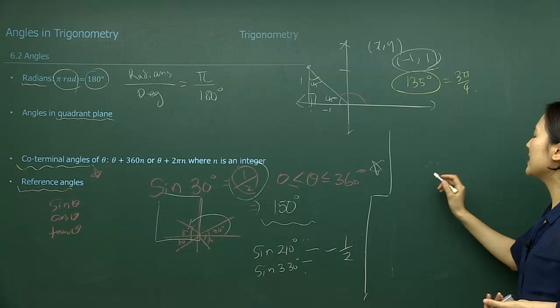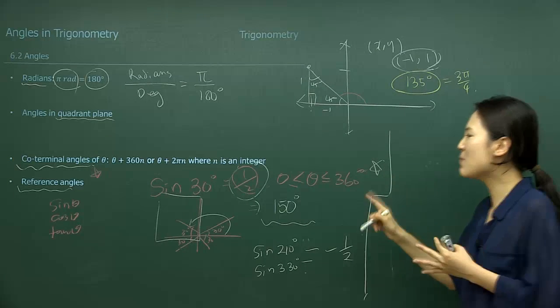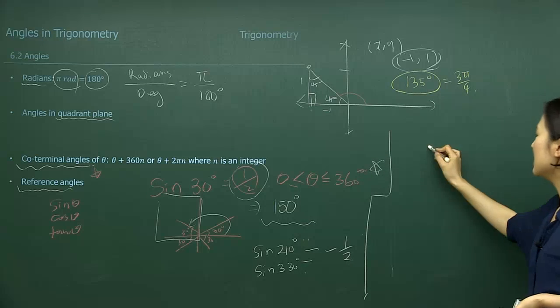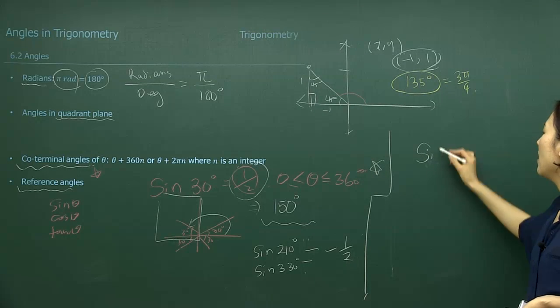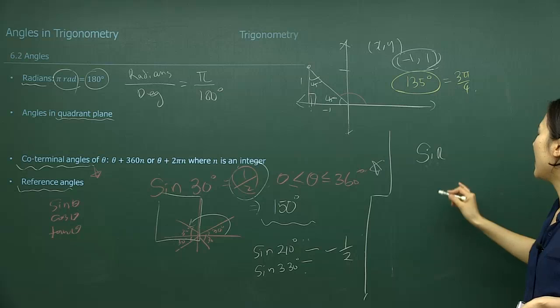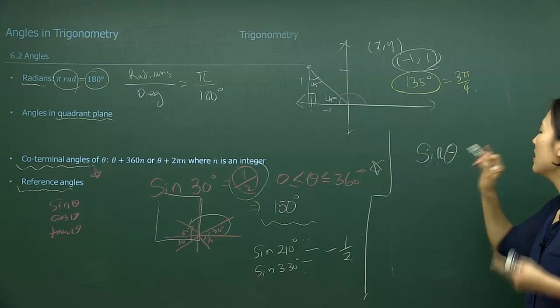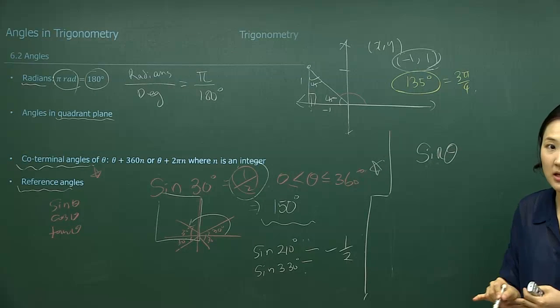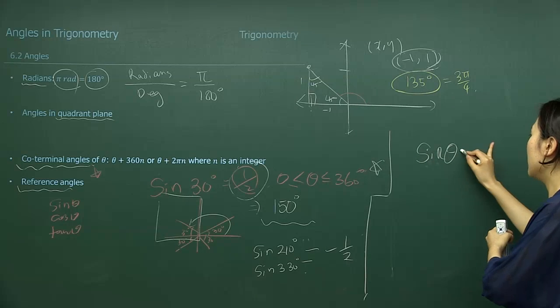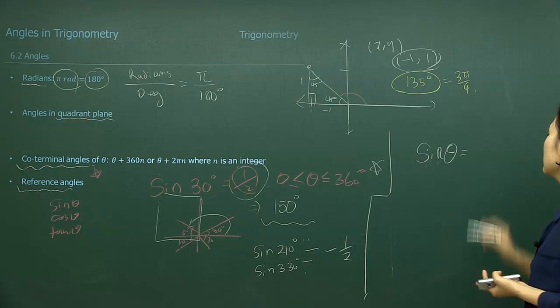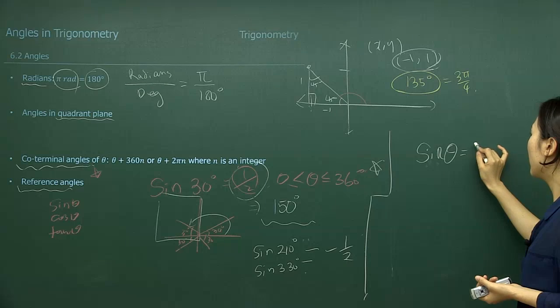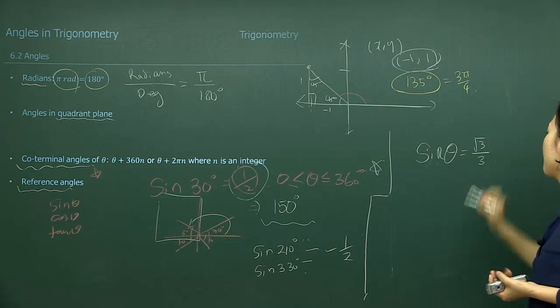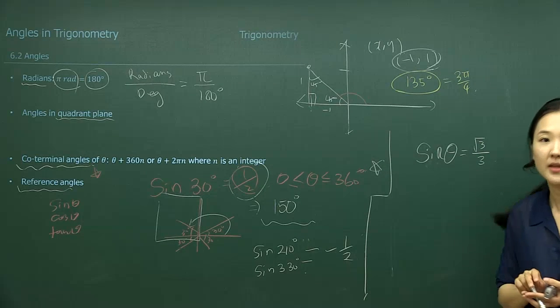It's actually the same question as this, but this time I'm not going to give you 30 degrees. What if you have to find all angle values between 0 to 360 where the sine of the angle is equal to, say, 1 over square root of 3 over 3? What if you have to do this?